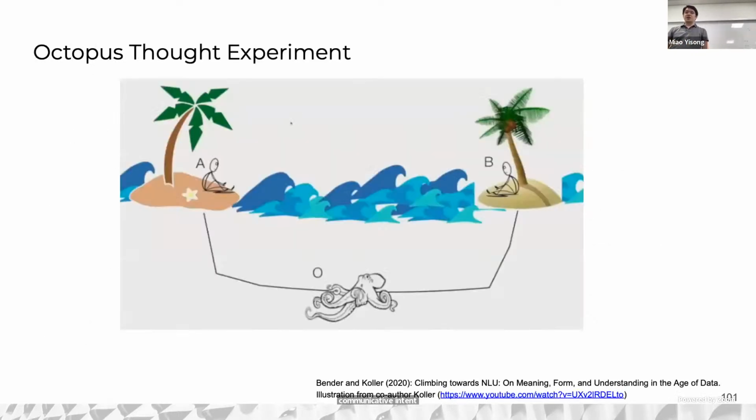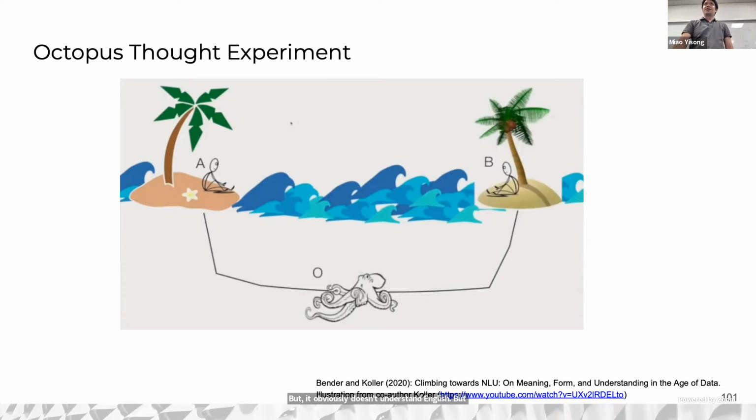So the author proposed a thought experiment. Imagine you have two humans, A and B, stranded on separate islands, and connecting them is an underwater cable. Through this cable, they can communicate with each other through English text. There's an octopus that can tap into the communication, but it obviously doesn't understand English.